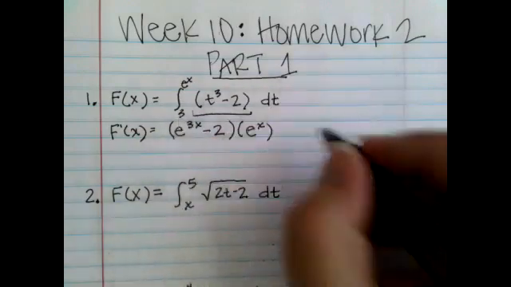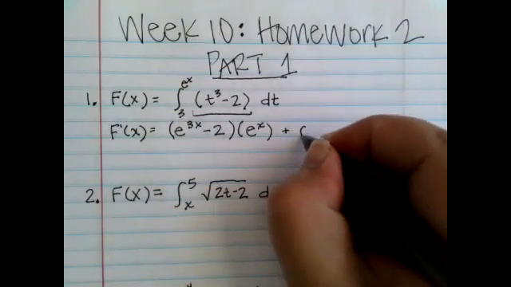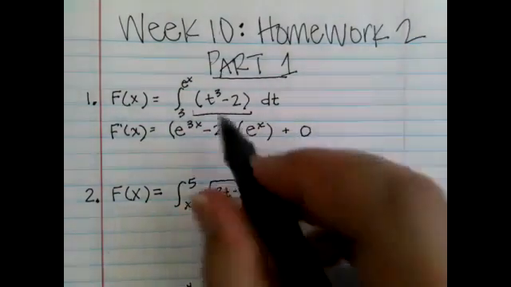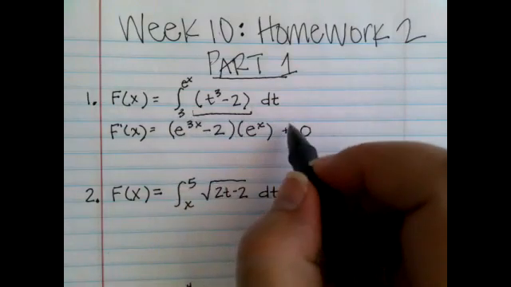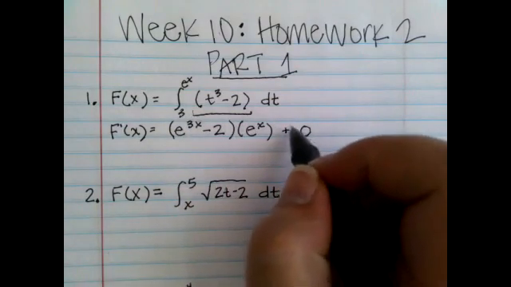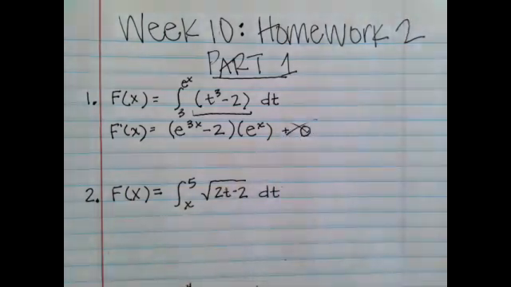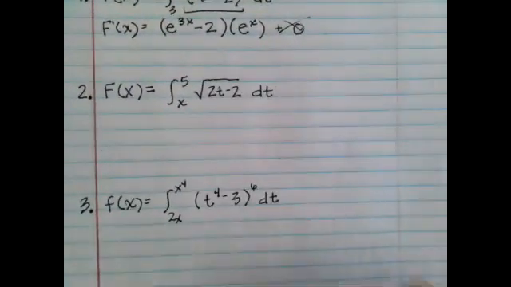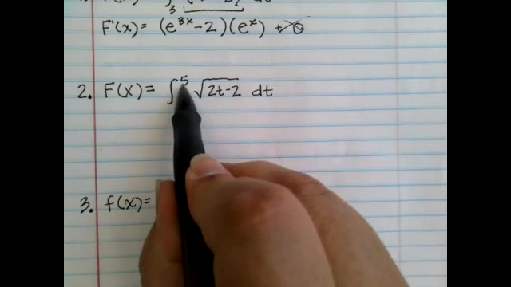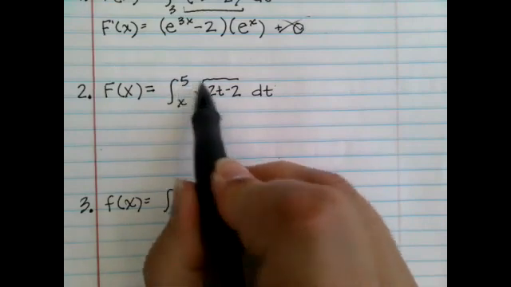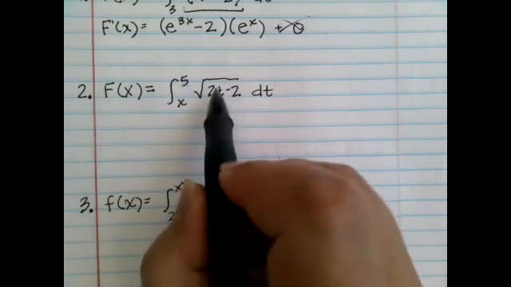Technically, because this is a constant, there's like a plus 0 right there, but we just don't usually write that. So when you take the derivative of a constant, remember it's 0. So we just don't usually put that at all, but it's kind of there. And so then the same thing happens here. Technically, you're plugging in a constant, and so that's going to have a derivative of 0.